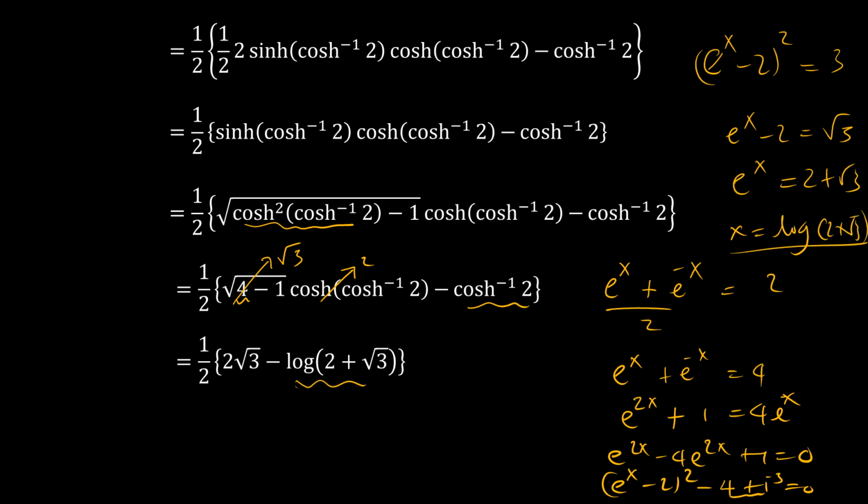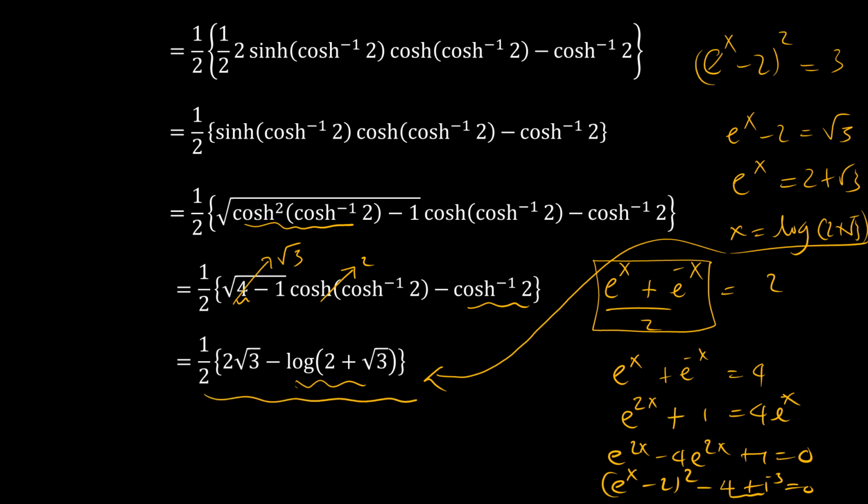So this is how you would detect that cosh x being equal to 2, in other words arc cosh of 2, implies that x is the natural logarithm of 2 plus root 3.